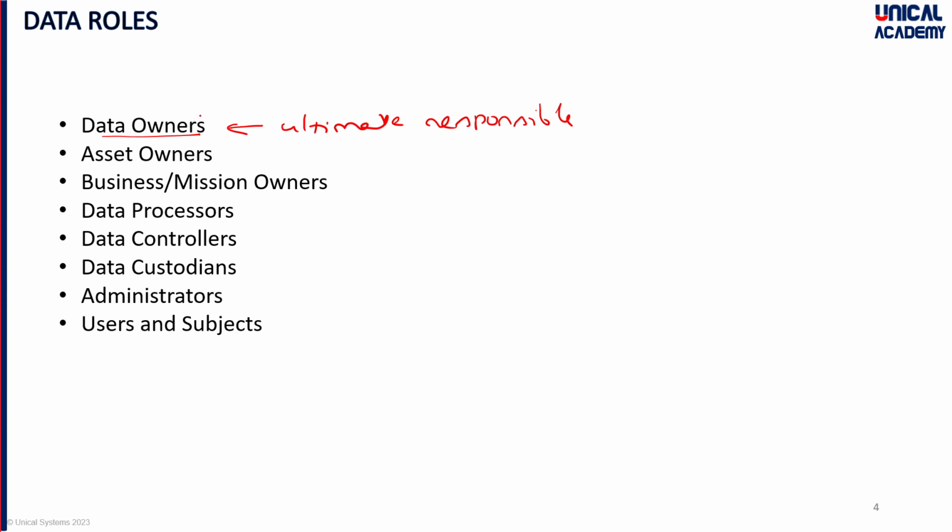Most of the time, data owners could be CIOs, CSOs or at the CTO level, very senior members of the organization. Next come the asset owners, also called system owners.